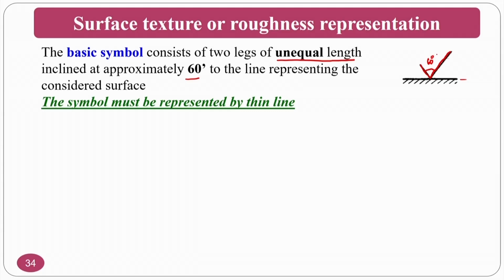How can you add on? Like when you purchase a computer, then you increase the RAM, you increase the hard disk, you purchase some other things. Like that, you can add on to this one. Assume that I want this particular surface to be produced by a milling process.